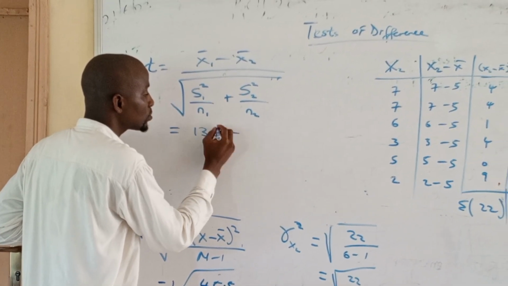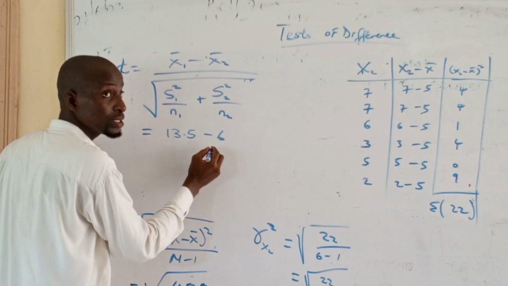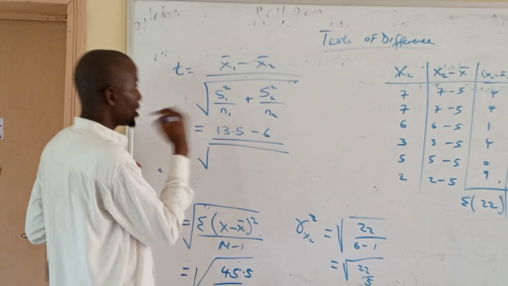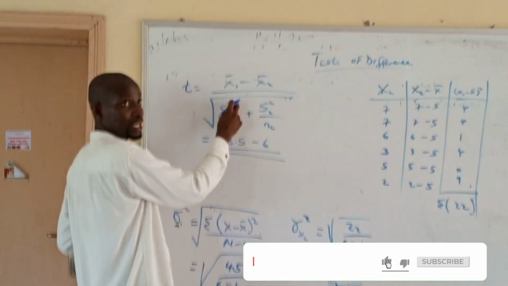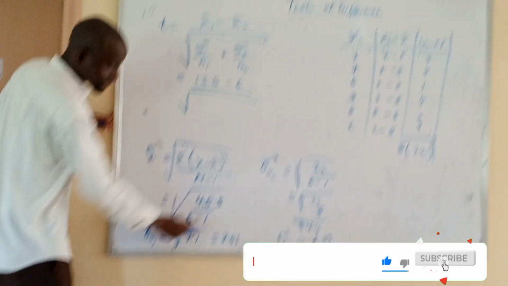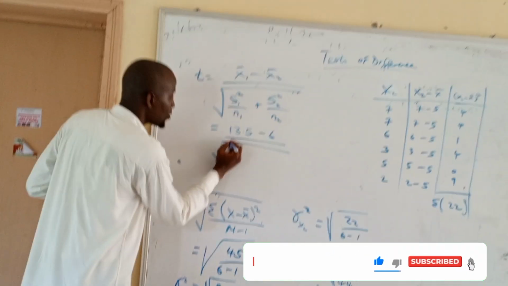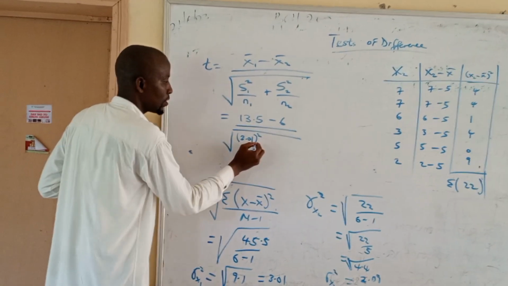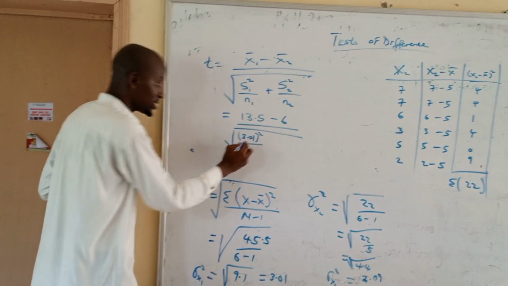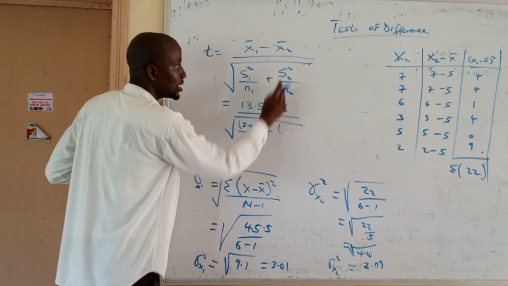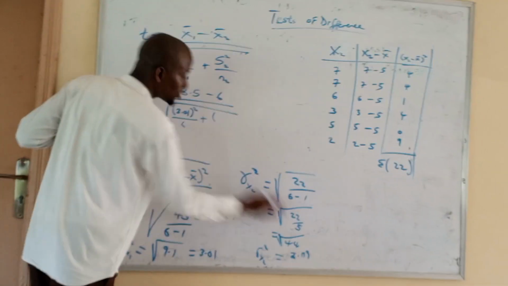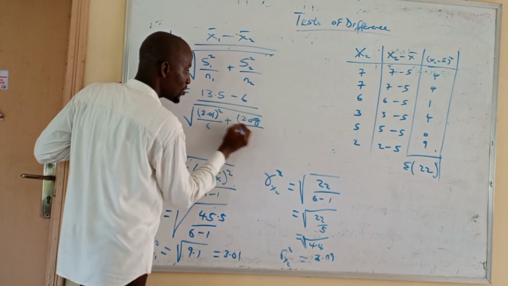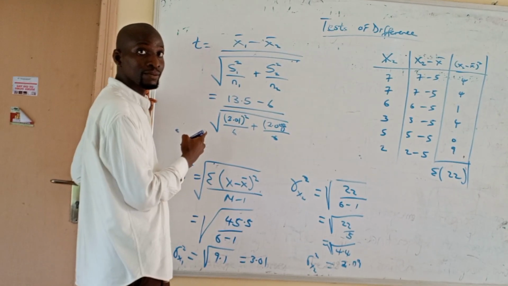Our mean 2 is what? Our mean 2 is 6, all over. Take note that our standard deviation is squared. So if our value is 3.01, it implies that we have 3.01 squared, all over our n1, which is 6. If our value is 2.09, it implies that we have 2.09 squared. Our n2 still remains 6. Take note of that.